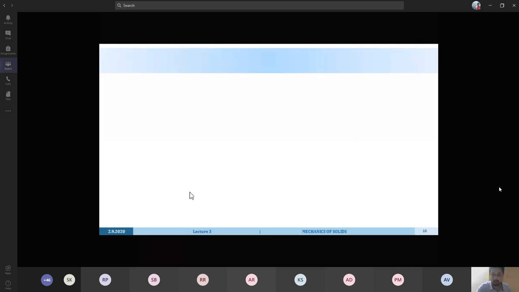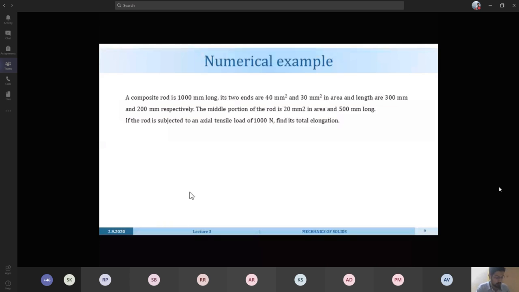So here a composite rod is considered, with 3 bars. It is 1000 millimeter long, and its 2 ends are 40 millimeter square and 30 millimeters in area and length. I am not reading all of it.